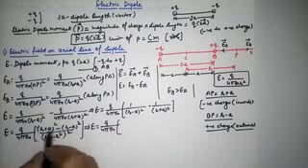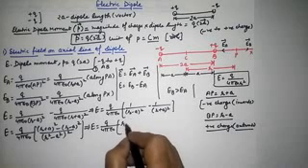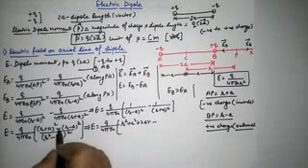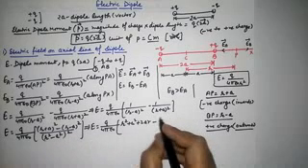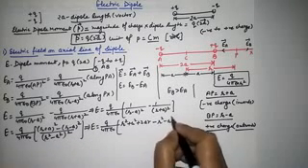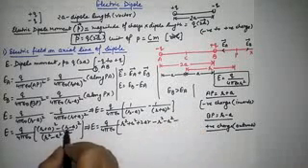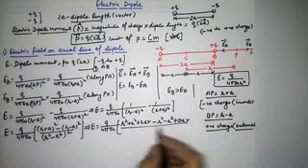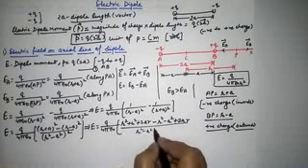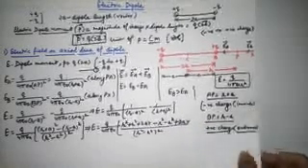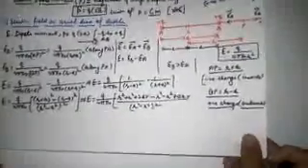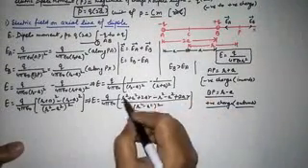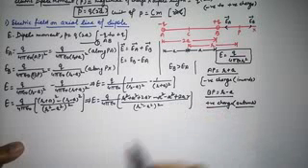R square plus A square plus 2AR. Here we have a minus sign, so all signs will be changed. R square minus A square. Here we have minus 2AR, so it becomes positive, plus 2AR upon (R square minus A square) whole square. Now R square and A square, these two terms are cancelled out.